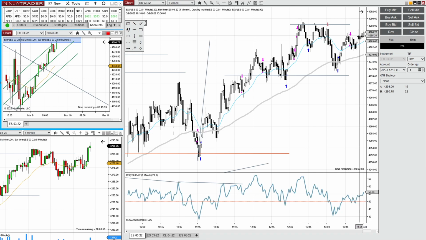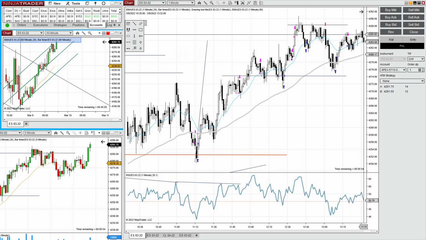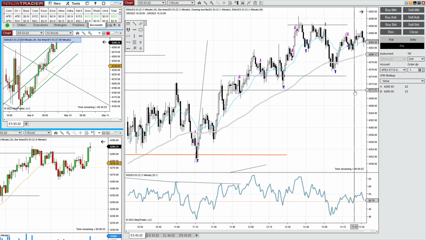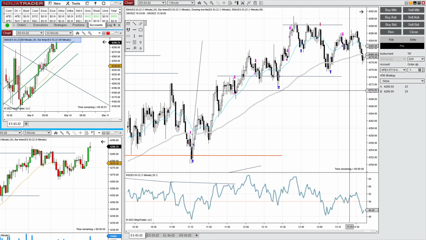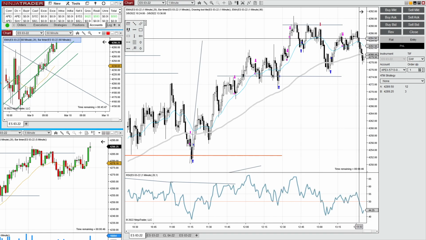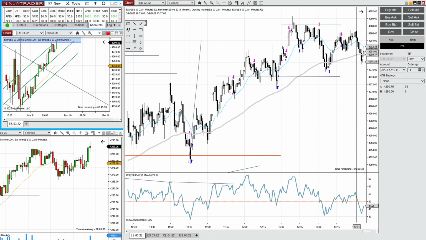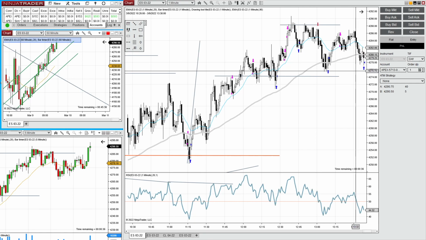The market is losing its momentum to go up. So I'm thinking the market will go down. So I just waited, and I see 1, 2, 3, 4, 5 consecutive bearish bars straight down. So I'm thinking the market might go down.